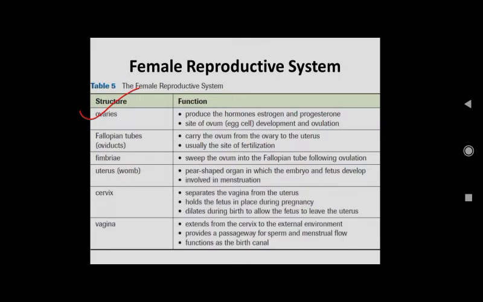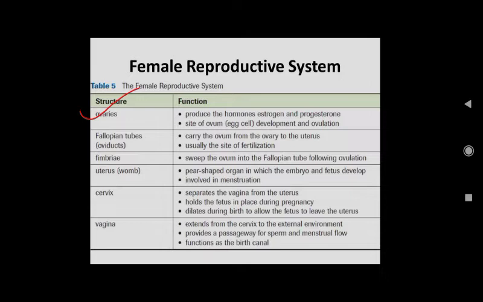So ultimately we will sum it up this way: estrogen performs two important functions in the human female. First, it controls the development of the main female primary sex organ, and it also controls the development of female secondary sexual character like feminine voice. Then comes the next hormone, progesterone.